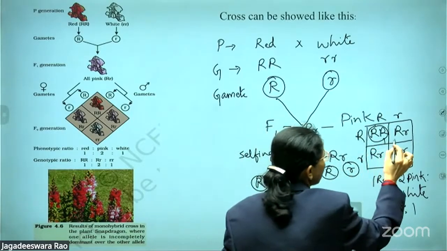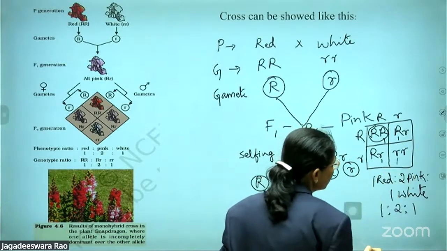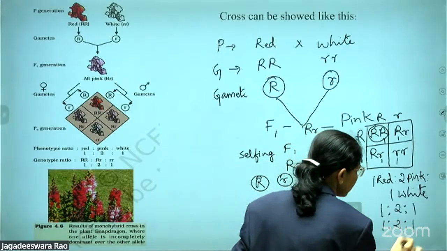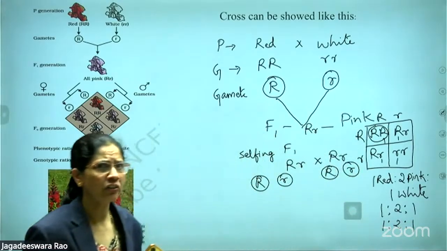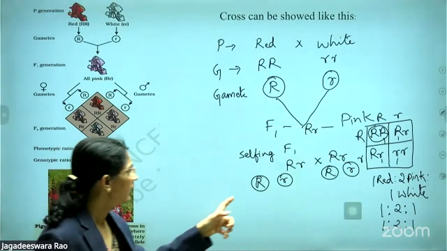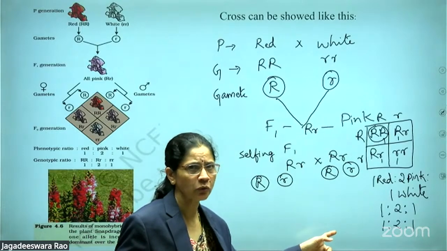1 capital R capital R, 2 capital R small r and 1 small r small r. Genotypic ratio is also the same, right? So isn't it a deviation from the Mendelian principle? Yes, the Mendelian principle says that the phenotypic ratio is 3:1 and the genotypic ratio is 1:2:1.